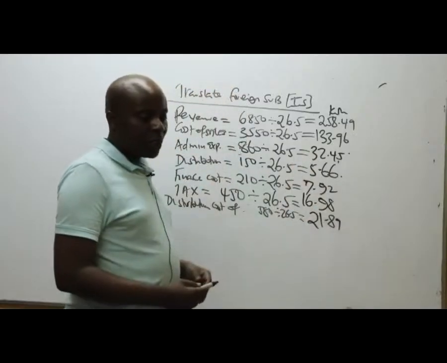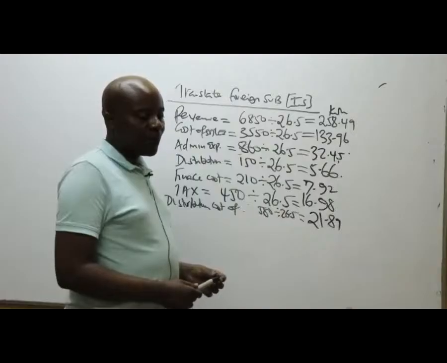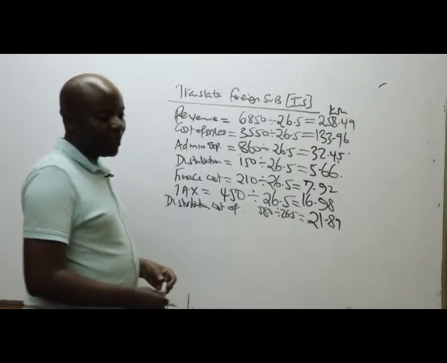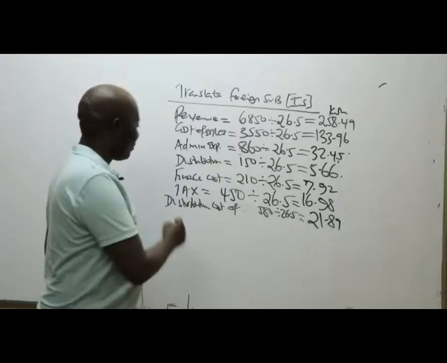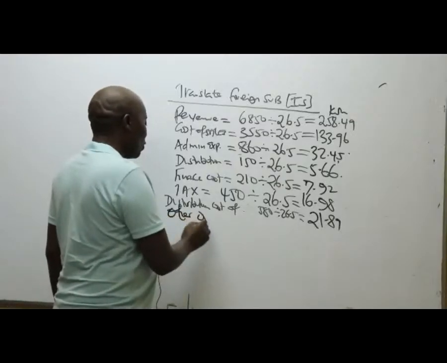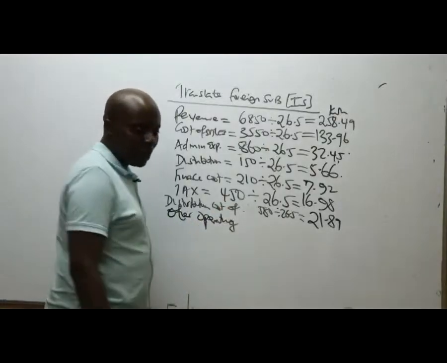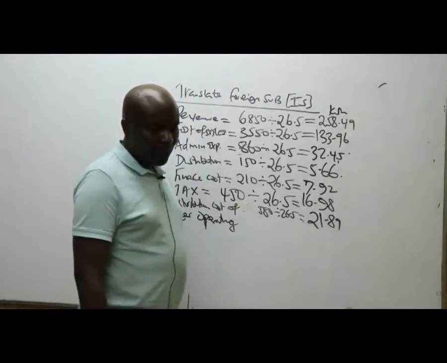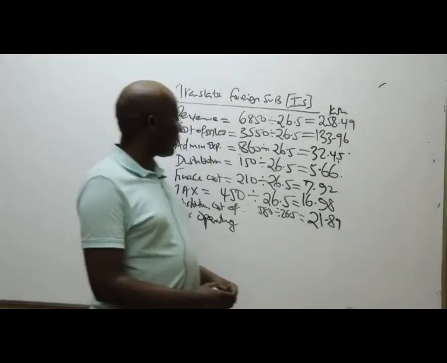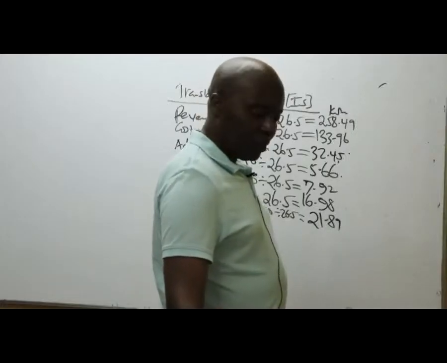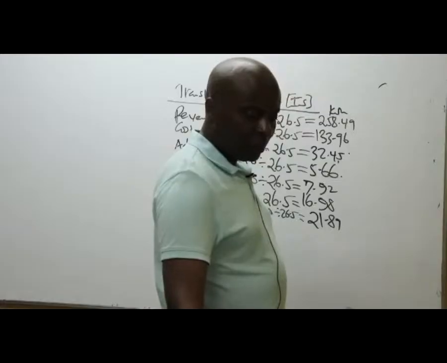Have we forgotten any expenditure? Other operating, I'm being told, other operating expense. How much is it supposed to be? The 150 is supposed to be other operating expense, not distribution cost.